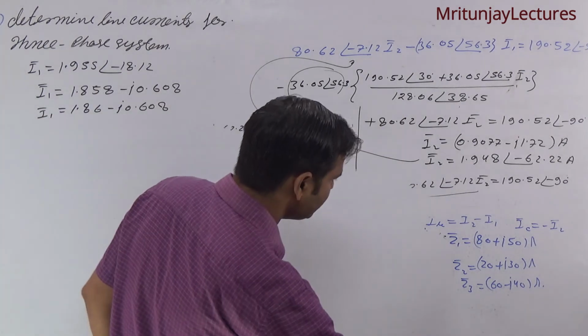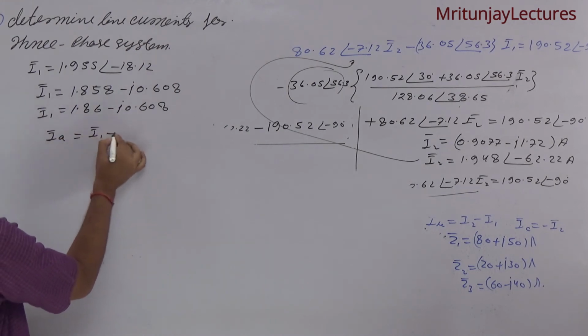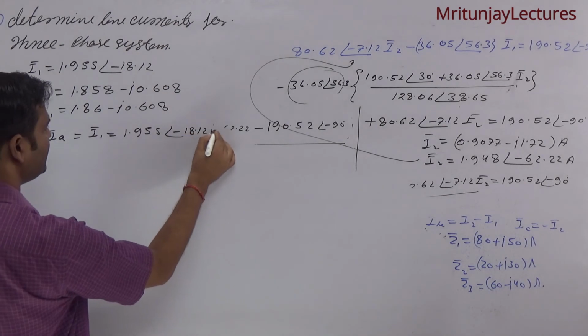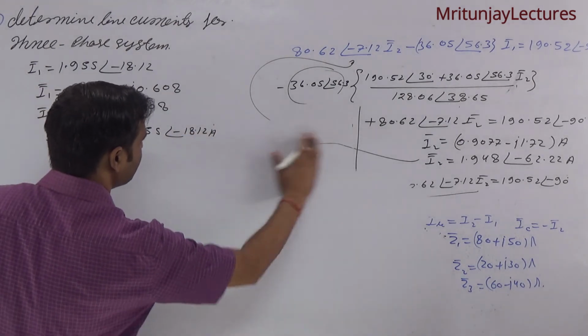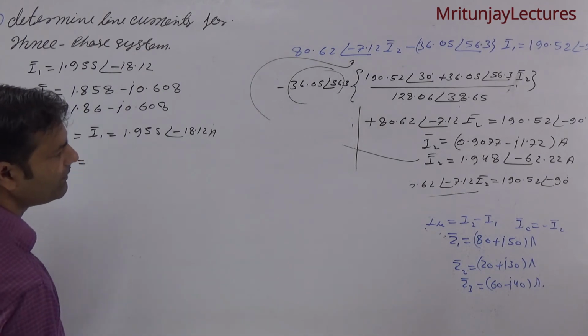our motor line current, so IA is equal to I1, so I1 is 1.955 at the angle minus 18.12 ampere, clear. Now what about IC? IC is minus I2.